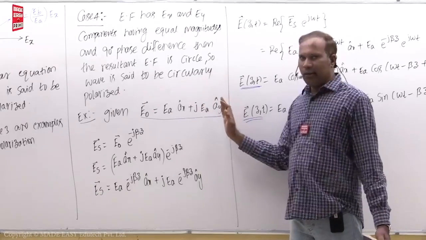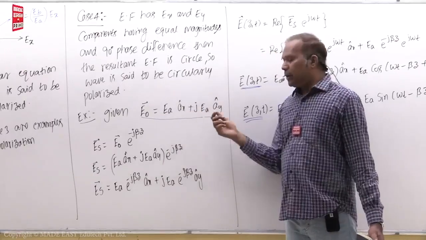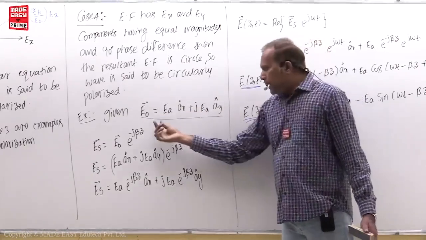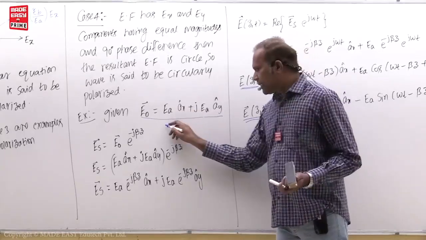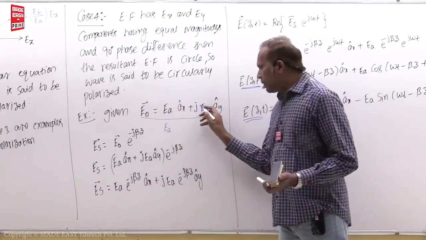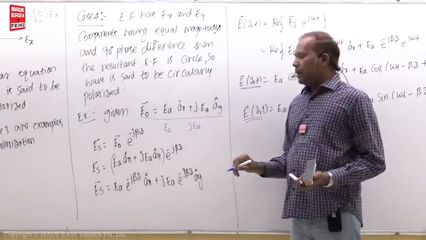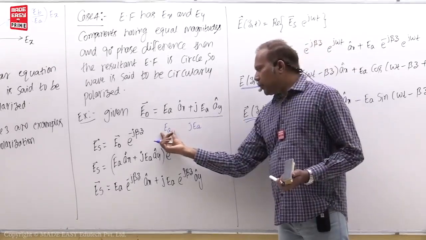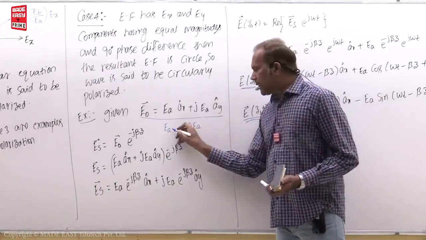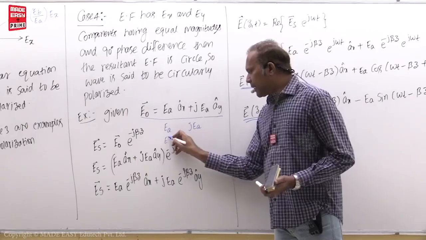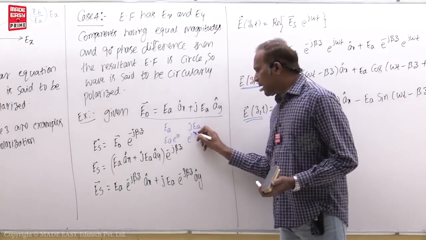Actually the y component leads this x component by 90. Don't confuse. The electric field x component is EA, I will write it like this, EA. Here the electric field y component is jEA. Now this magnitude is EA, this magnitude is EA, same magnitudes, but this has a term like this, and nothing is there here, so you can write e power j0 and e power j90.